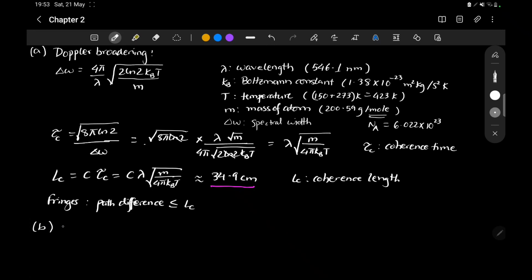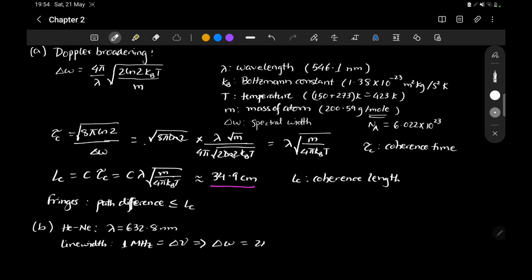So for helium neon laser, we are given the wavelength, 632.8 nanometer. Line width is 1 megahertz. It is given. This is nothing but the frequency width. From this we will get the spectral width.